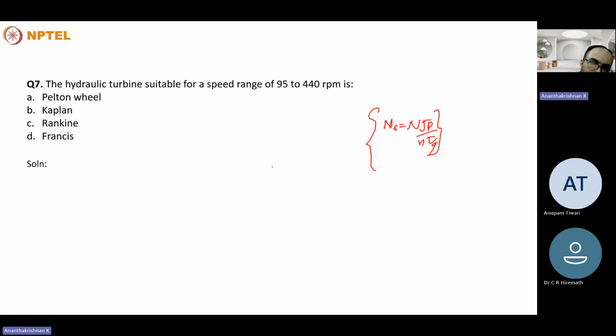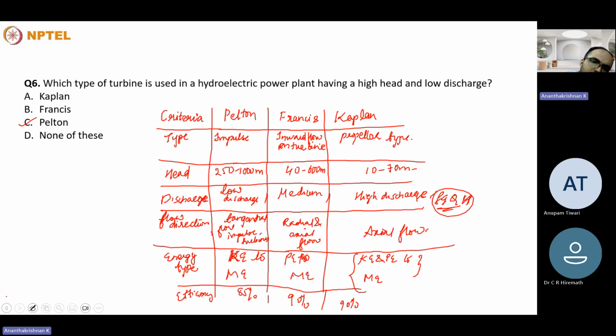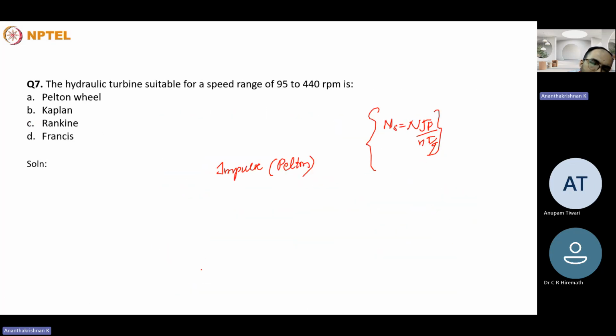Usually, the impulse turbines like a Pelton operate, as we have seen in the previous problem, at a higher head from 250 to 1000 meters, but its specific speed will be in the range of 0 to 60 RPM.